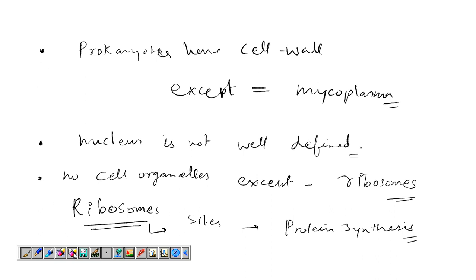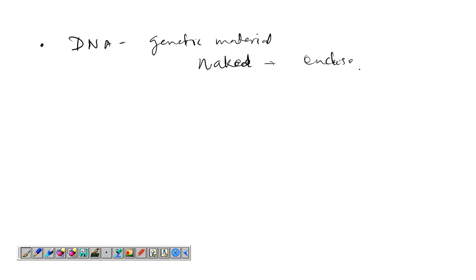Now, the genetic material inside the prokaryotes, which is DNA, is basically naked. It means it is not enclosed in the nucleus, because in prokaryotes there is no nuclear membrane.